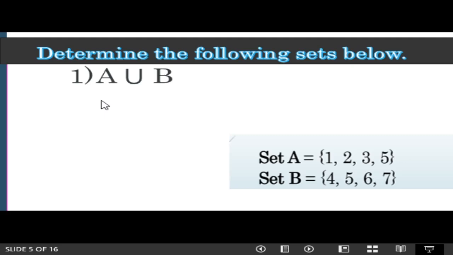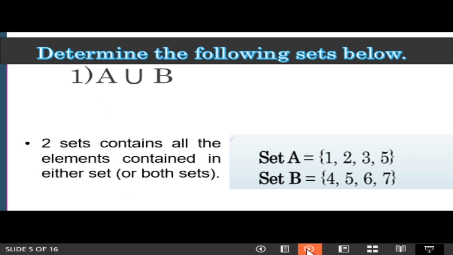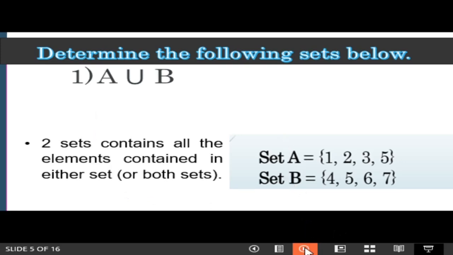Just copy one number and arrange it in ascending order. So the elements of the union of A and B are 1, 2, 3, 4, 5, 6, and 7. And put a bracket on both ends. That is how you properly write the elements.